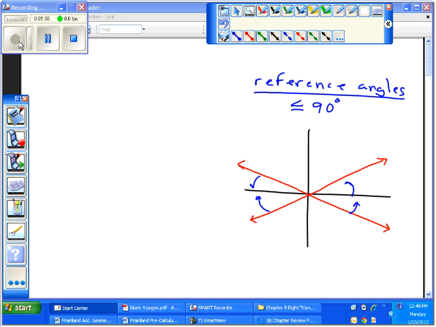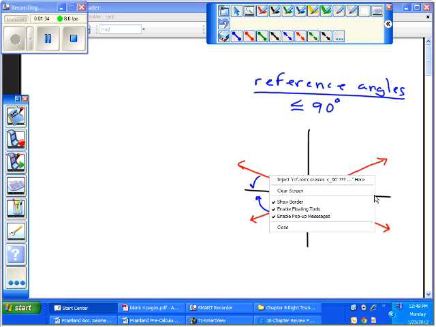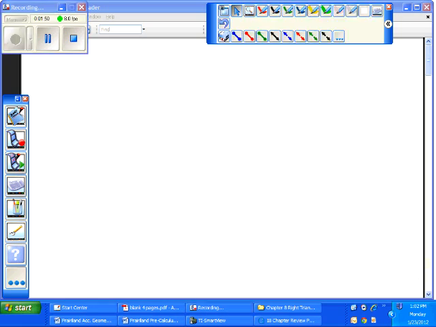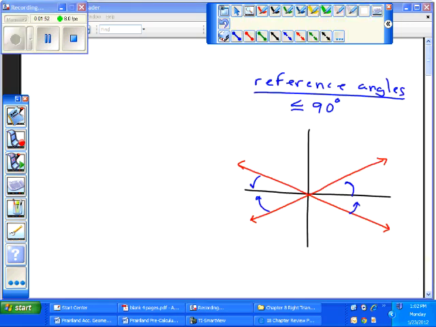And what we're really saying is, if I went from what's supposed to be the initial side of any angle, which is the positive x-axis, I'll do it that way.